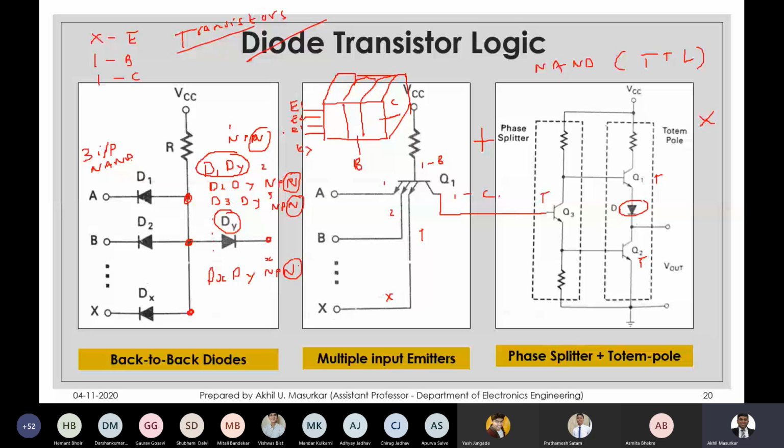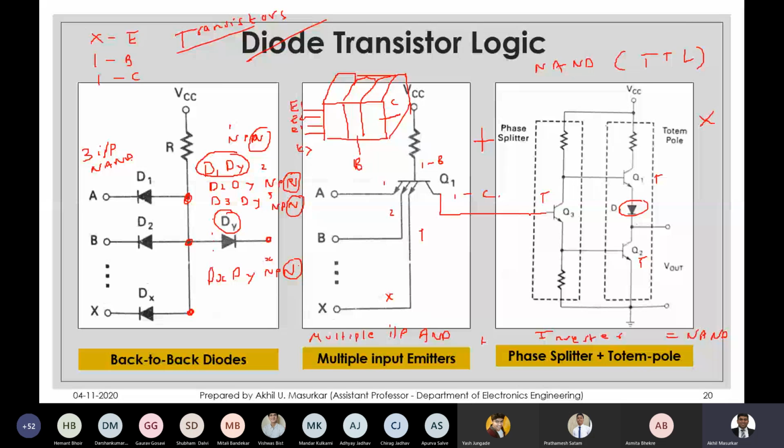So circuit wise, this is like a multiple input, and this is an inverter. When you add an AND gate in series with the inverter, you should get a NAND.